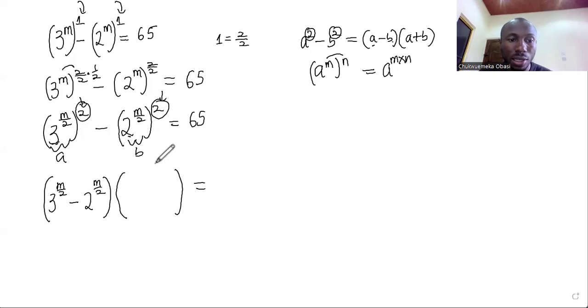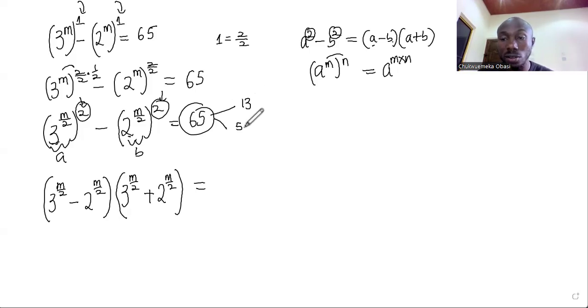This minus this times, then we go for the plus: 3 to the m upon 2 plus 2 to the m upon 2. And that is all equal to 65. But now take note, I'm going to express 65 as 13 times 5, because 13 times 5 is 65. So now I'll replace 65 as 5 times 13.